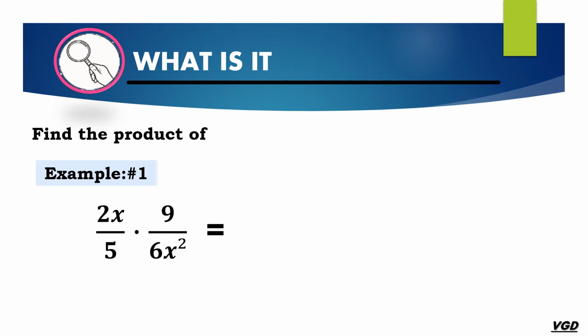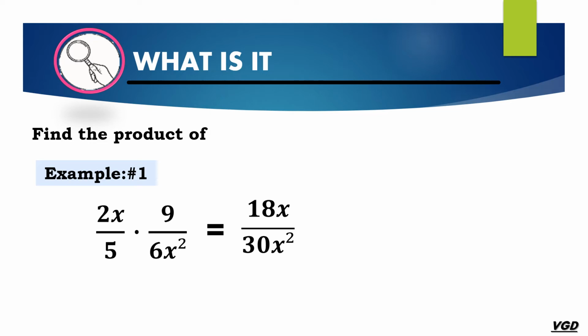Following the rule, all we have to do is multiply 2x times 9, so we get 18x. And we also multiply the denominators, 5 times 6x squared, so we have 30x squared. As you can see, 18x over 30x squared can still be reduced to lowest term.